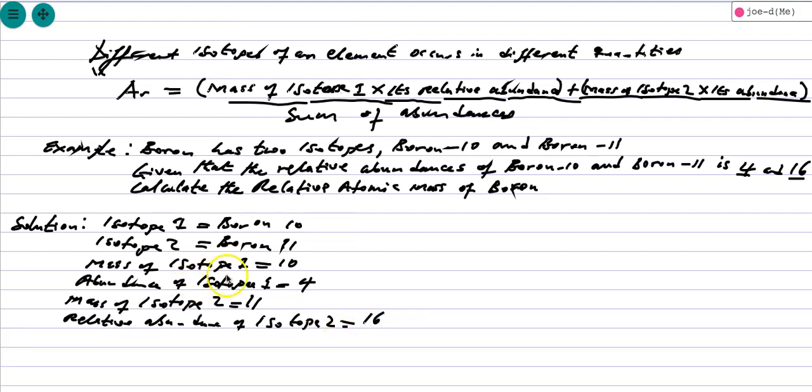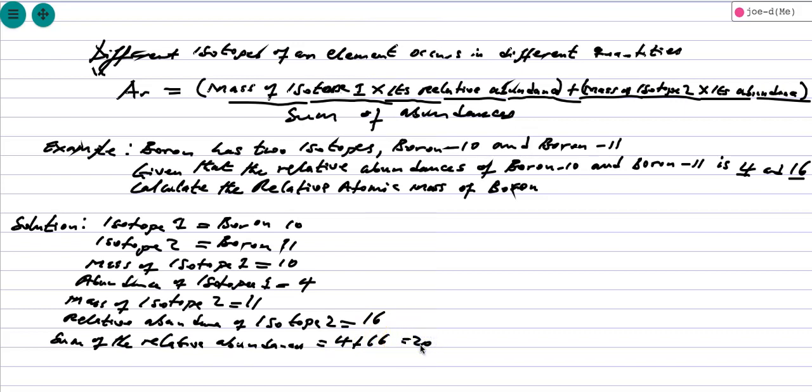So let's go ahead and put this in the equation. Now, what is the sum of the relative abundances? The sum of the relative abundances equals 4 plus 16, and that should give us 20.